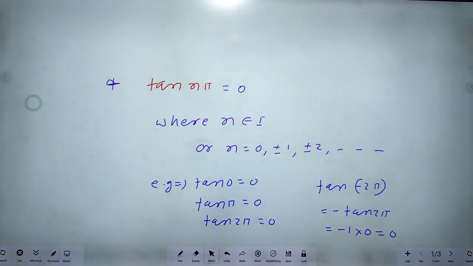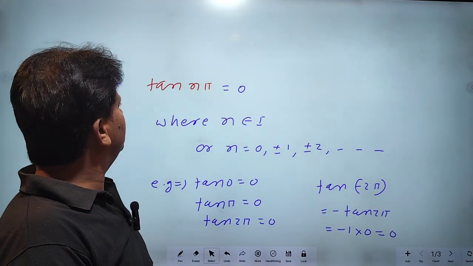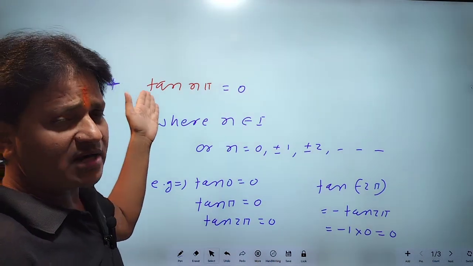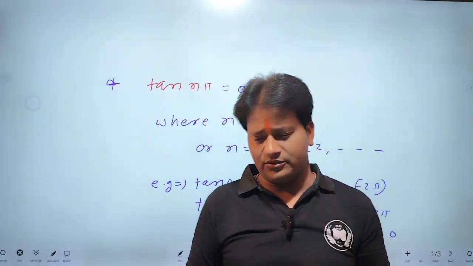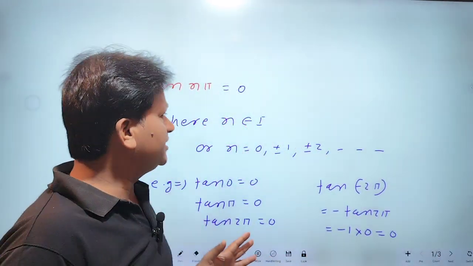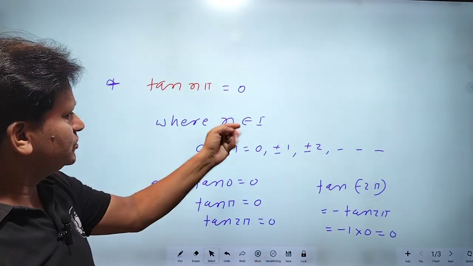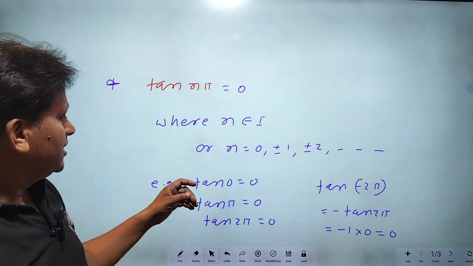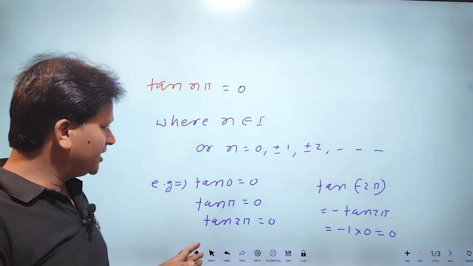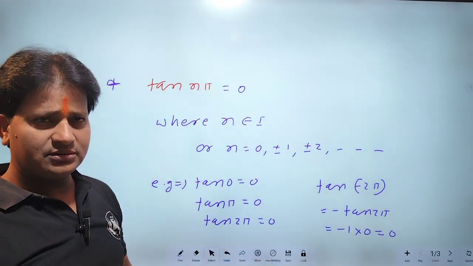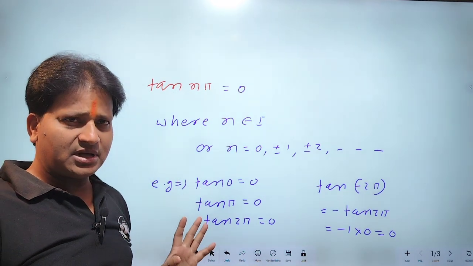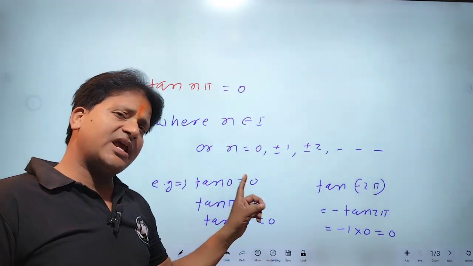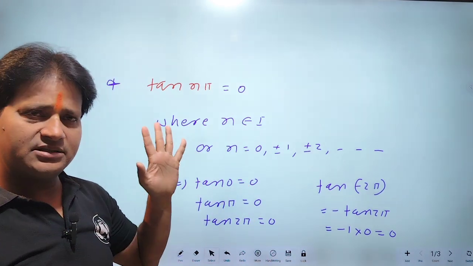Let's start. Now I am going to discuss what is the value of tan nπ, where n belongs to the integers. If you put n equal to 0, then this value will be tan 0, and the value of tan 0 is 0.